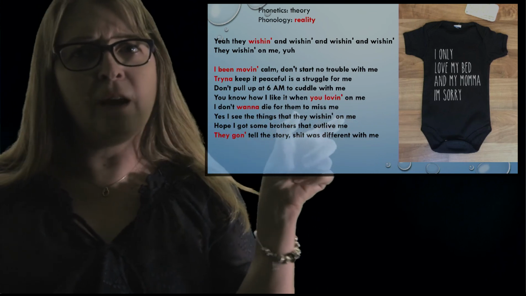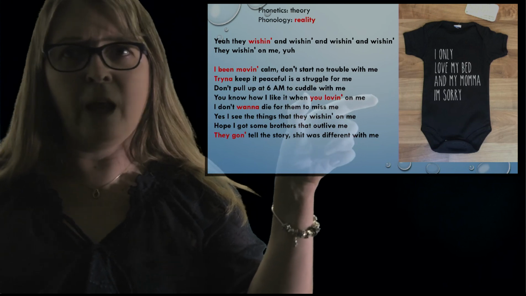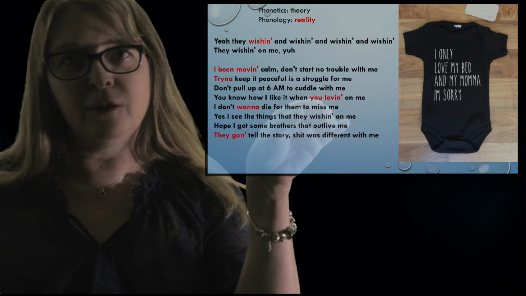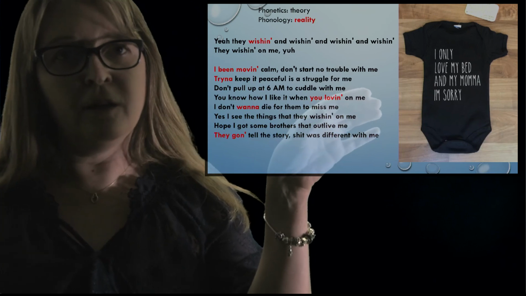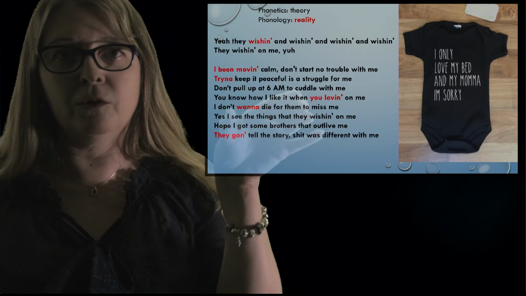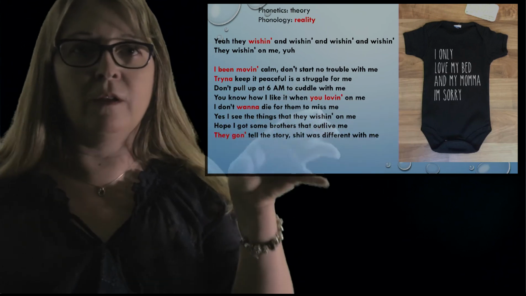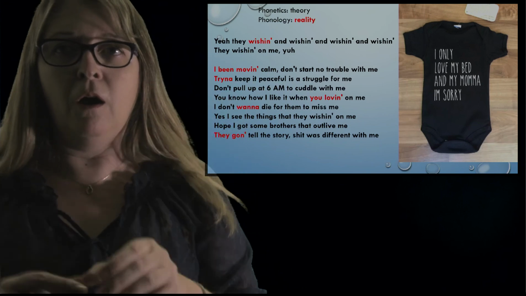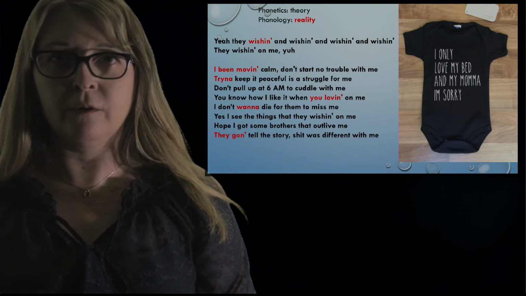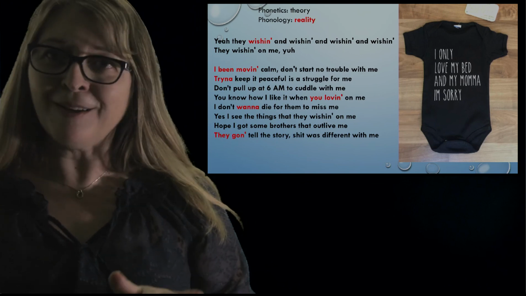So all of these sounds end up collapsing. They affect each other, and you end up having different sounds coming out instead of having all of the perfect sounds that phonetics would have. Yeah? Till next time.